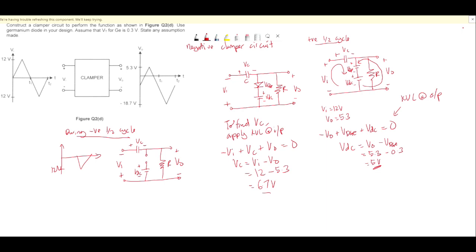So during negative half cycle, we need to find the value for the output voltage, to validate the output voltage at the waveform. You can look at the waveform, the output voltage is 18.7 volt. So you need to validate whether this output voltage is correct or not.